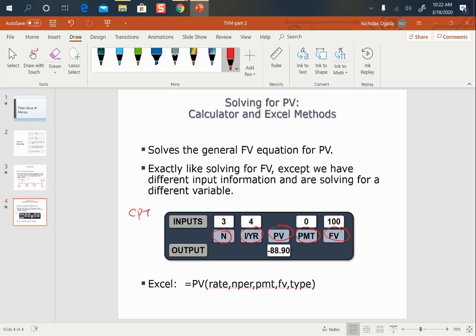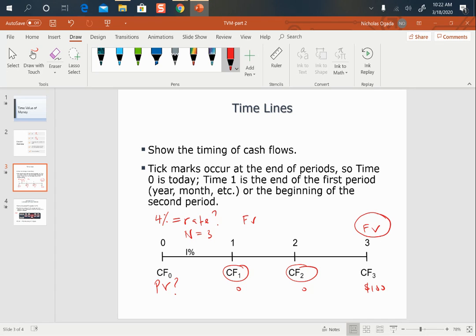Compute the present value, and you should have an answer, which in this case is 88.90. In other words, we are saying the value of $100 from today is 88.90 today.